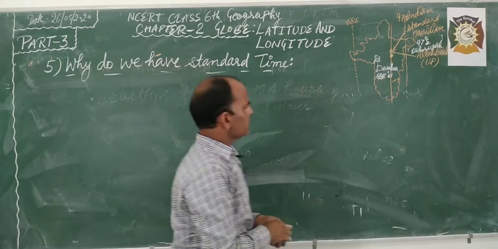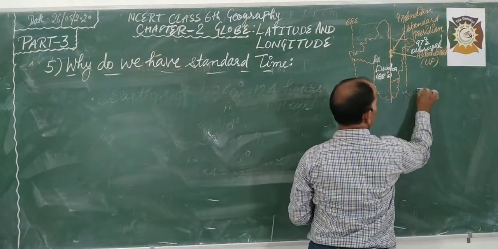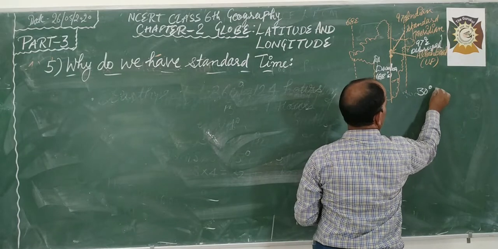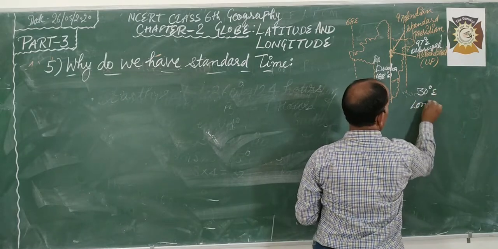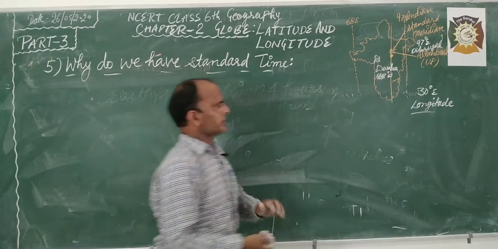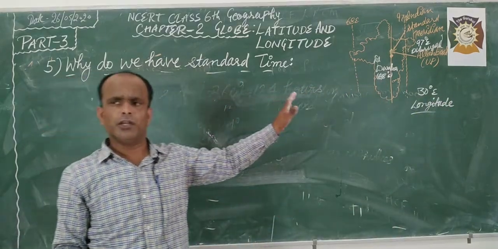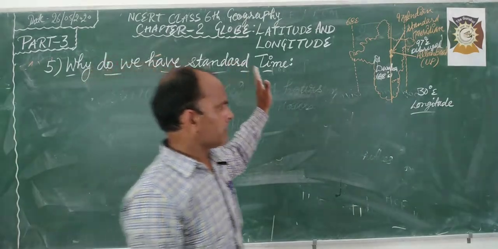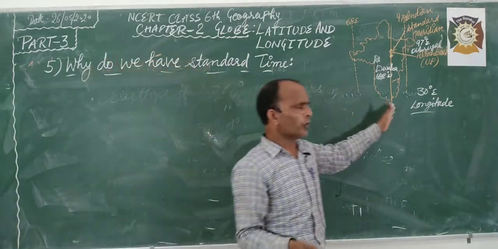So there is a difference of 30 degree east longitude. So it covers a 30 degree span of longitude.